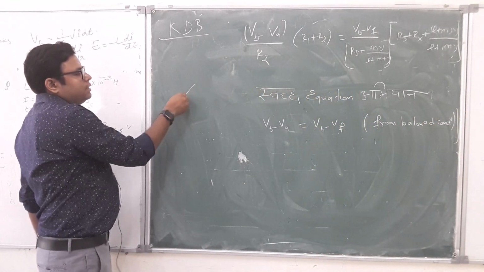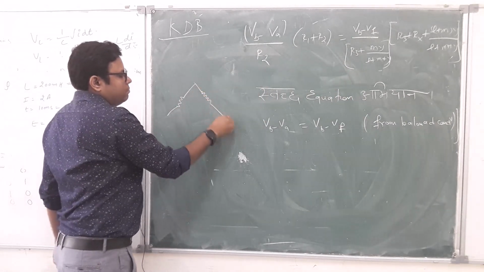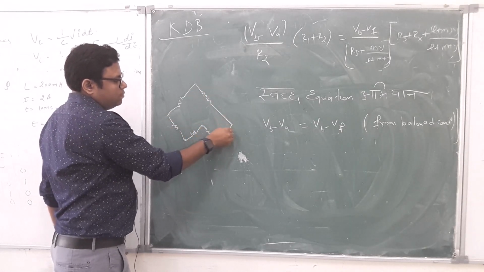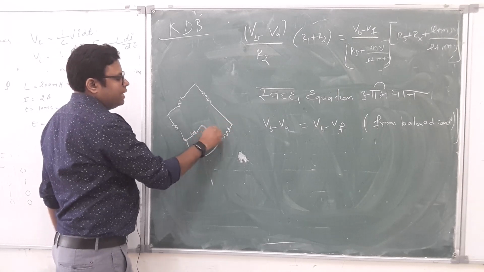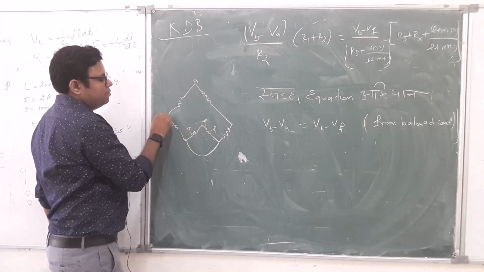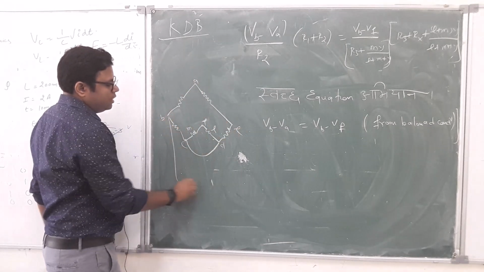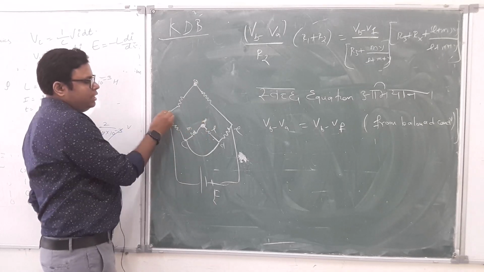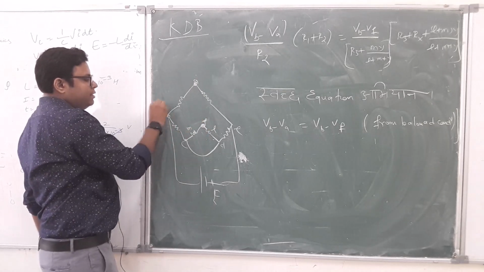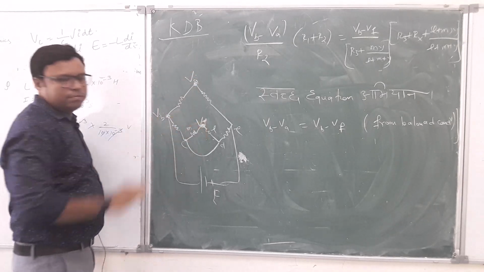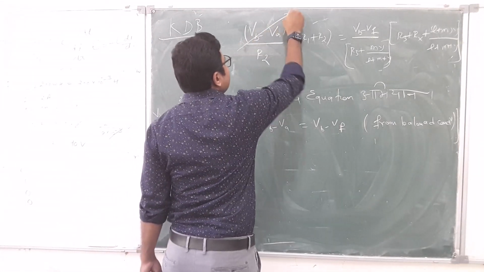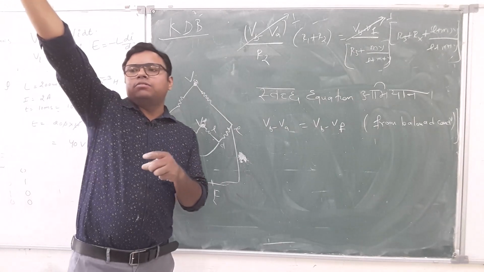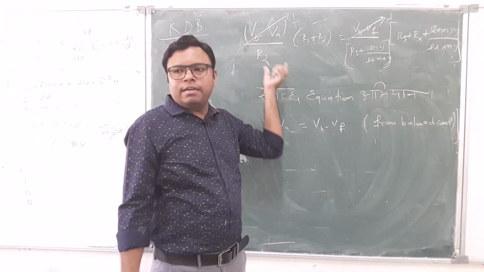If you forget, just to remind you, this was L, this was M, this was F, this was A, this was B, C, D, E. Because this and this are at the same potential, VB minus VA is VB minus VF. So that's why we can cancel it out. I am putting an arrow and telling you the value is 1. This cancels out and here remains 1.